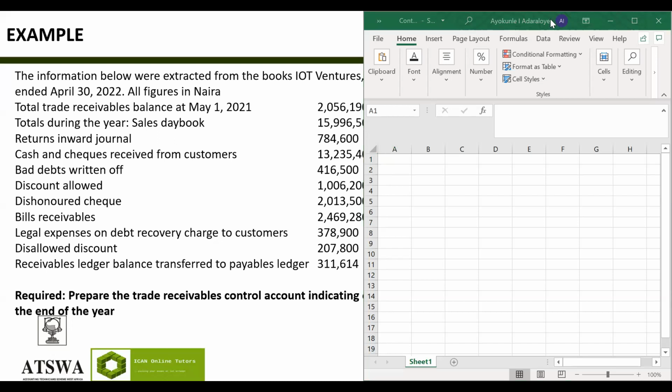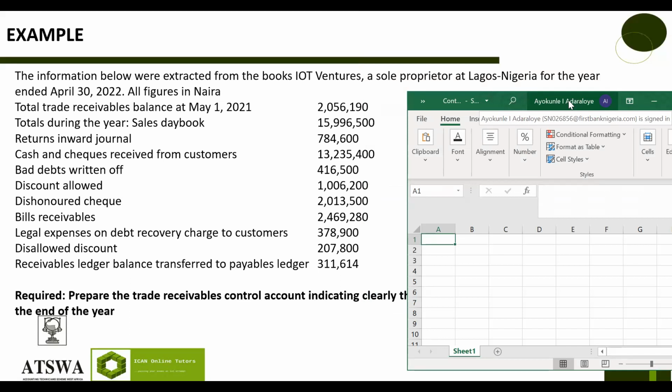The information below was extracted from the books of IoT Ventures, a sole proprietor at Lagos, Nigeria, for the year ended April 30. All figures are in Naira.